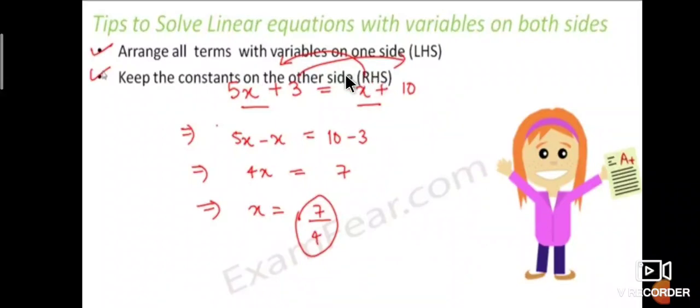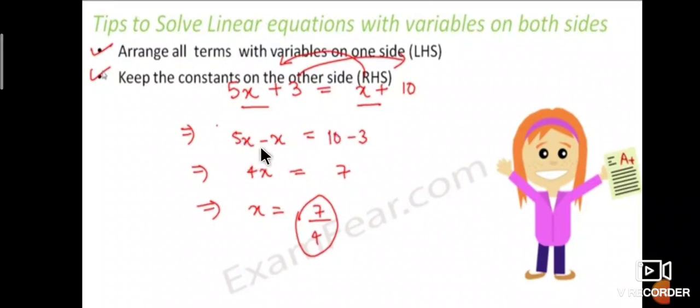According to this, 5x and x are variables, and 3 and 10 are constants. We first arrange the variables on one side.